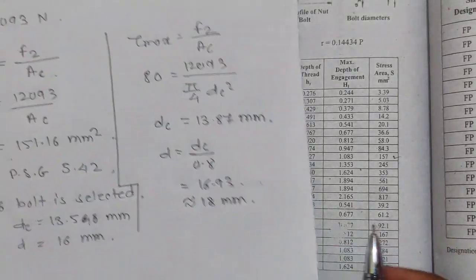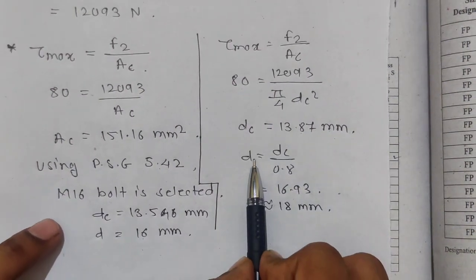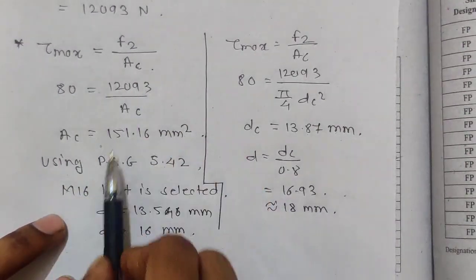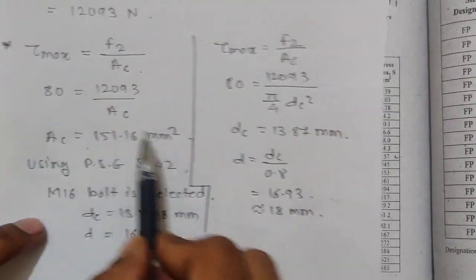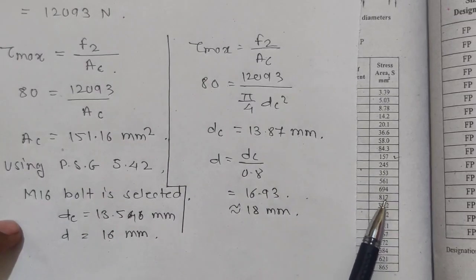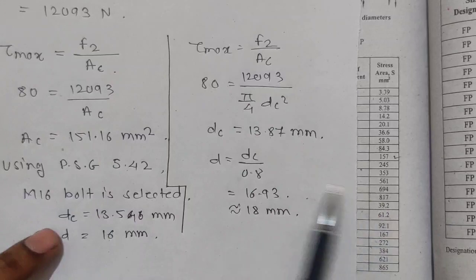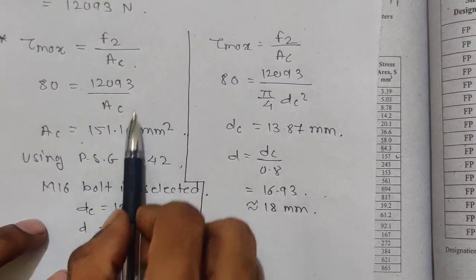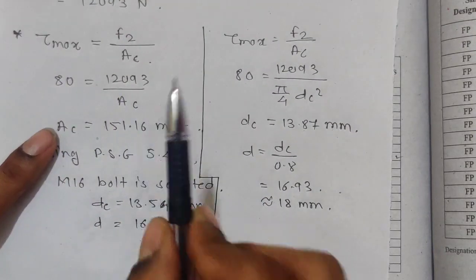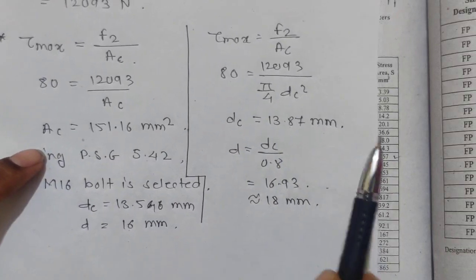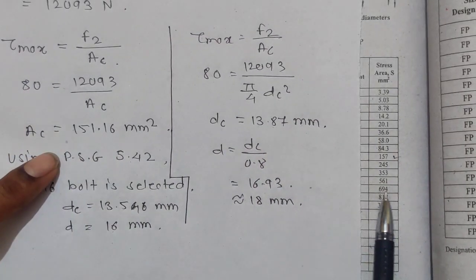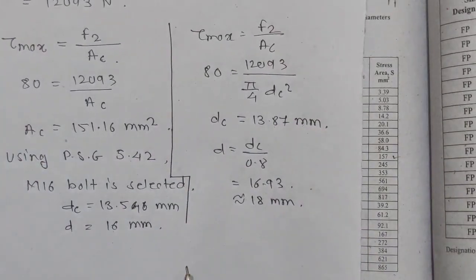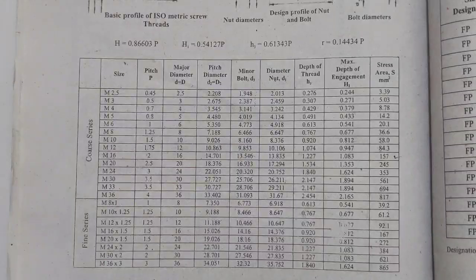In that case we are not having that area, so we won't get a single bolt, and you have to use this method to find DC and D. Otherwise use the first method. In the exam, use this method only when the area is beyond this 817 value. Alright, so we will move to the next sum.